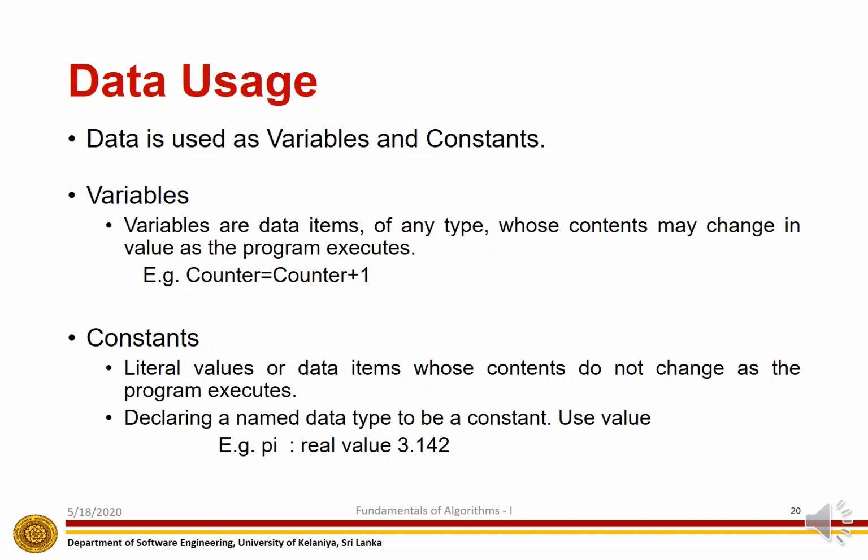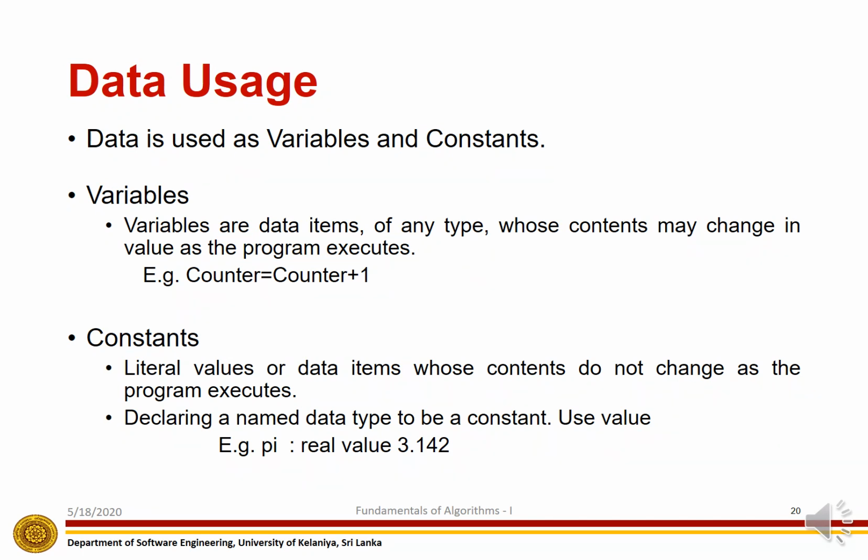In the beginning, counter value is 0, then counter equals 0 plus 1, equal 1. When the program procedure executes once more, then counter equals 1 plus 1, that's equal to 2. Like that, in every execution, the counter value will be changed. So counter is a variable.